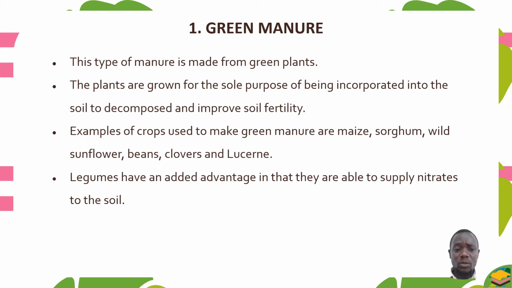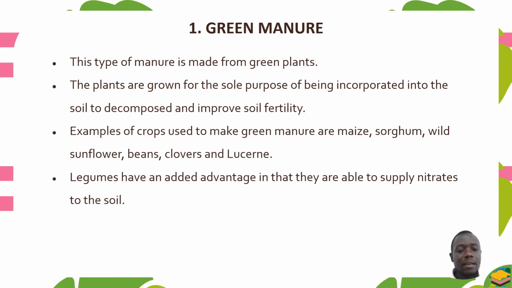Examples of such crops are maize, sorghum, red sunflower, beans, and clovers, and these crops are grown with the purpose of being incorporated in the soil to add fertility to the soil.